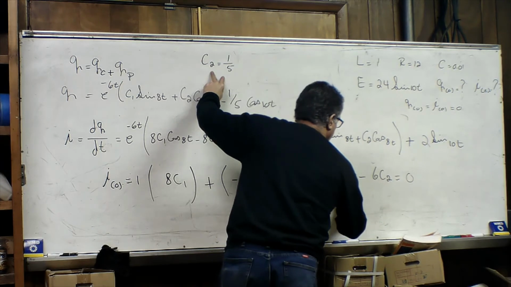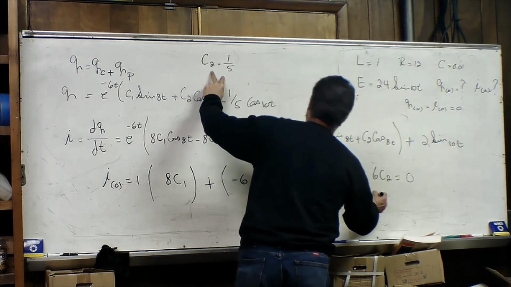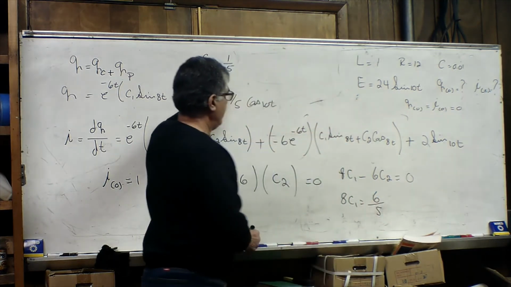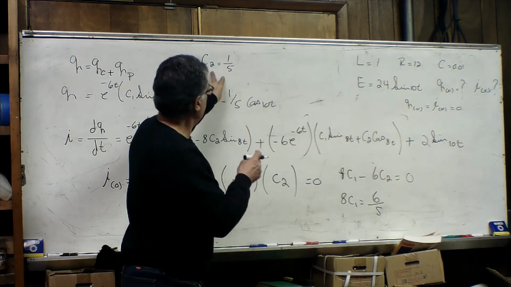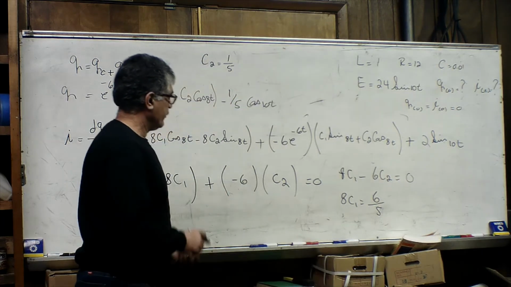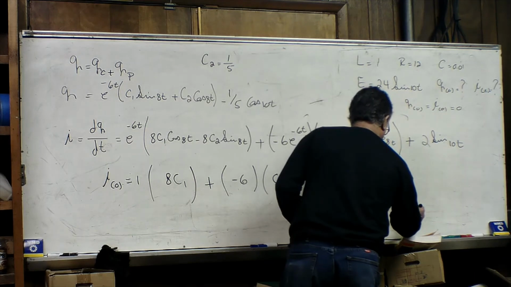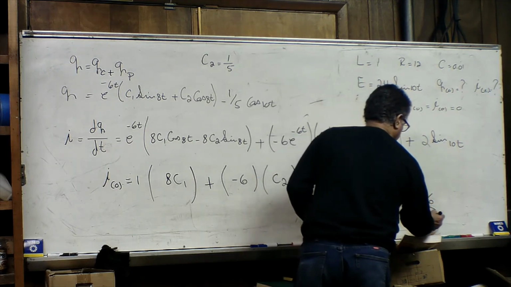So 8C1 is equal to 6 divided by 5. So our C1 will be equal to 6 divided by 40.